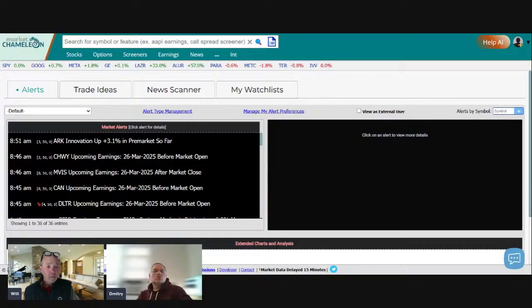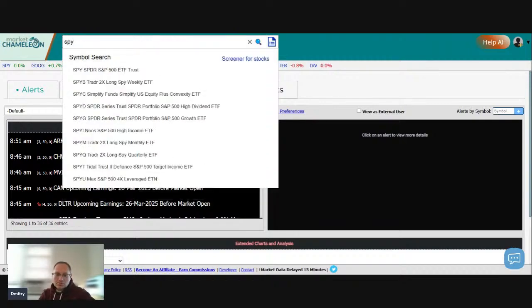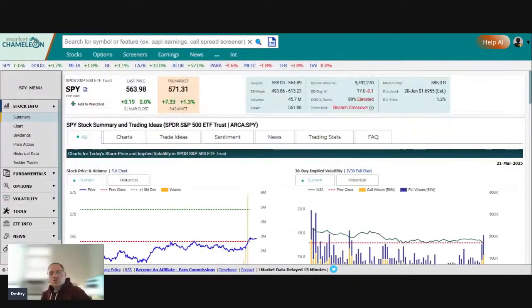And let me default to SPY first. So when you type in SPY up here in the search, you'll come to this SPY page, the main page. On the left-hand side, you have a menu. Click on price action.